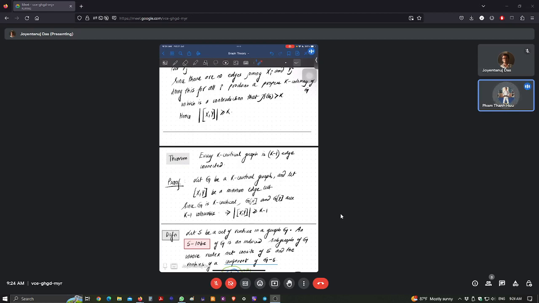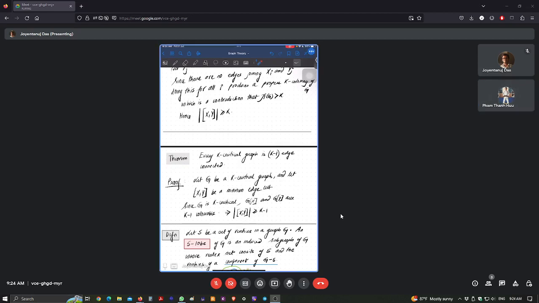K critical is that coloring condition, right? If we delete one vertex, the chromatic number will be strictly less. Yeah, that's k critical. And k minus one edge connected means we have to delete at least k minus one edges to make the graph disconnected.